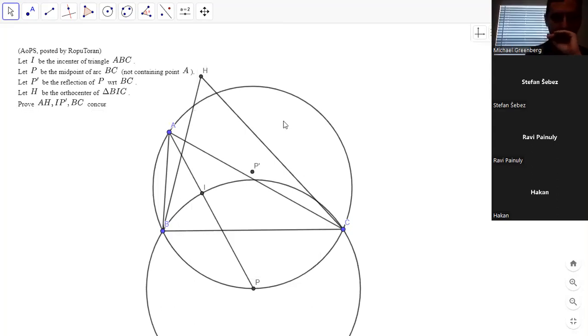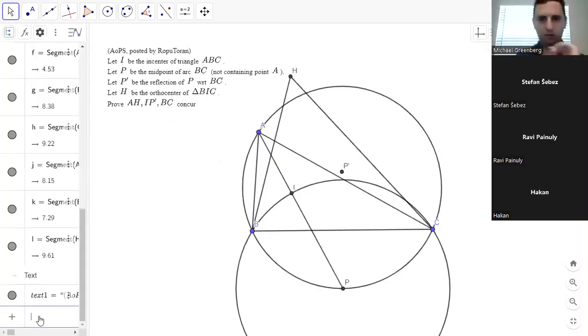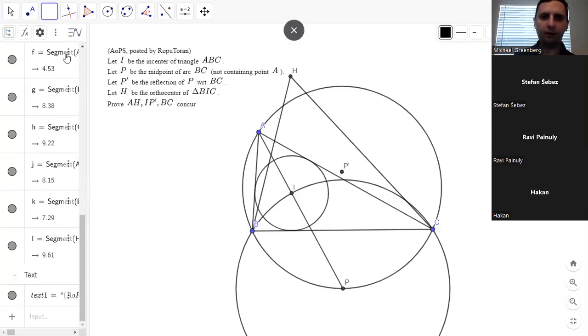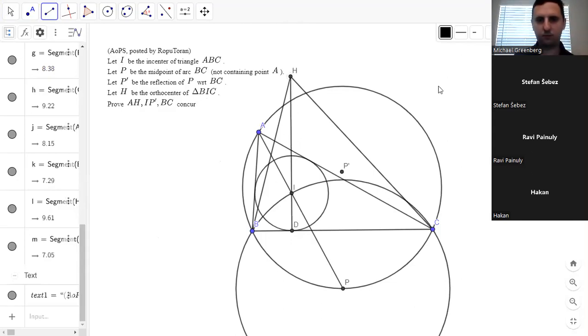And HI and that point are collinear. I'm going to show AH, IP prime, and BC concur.